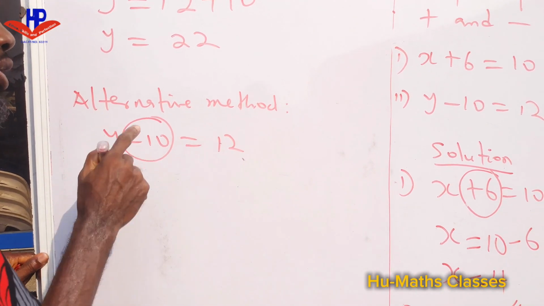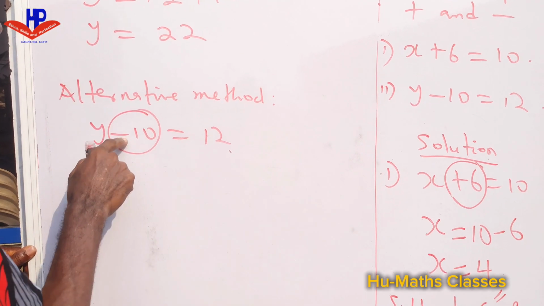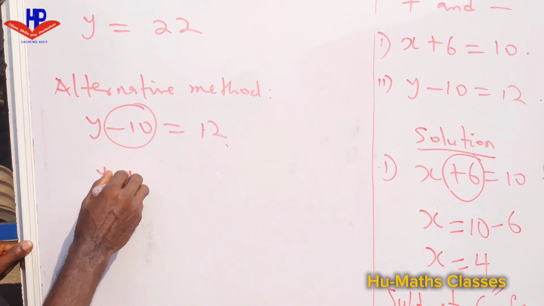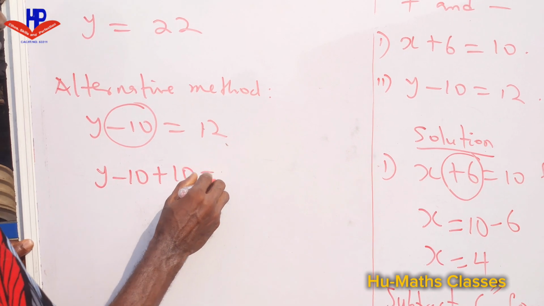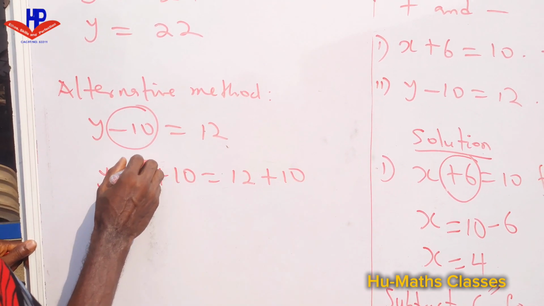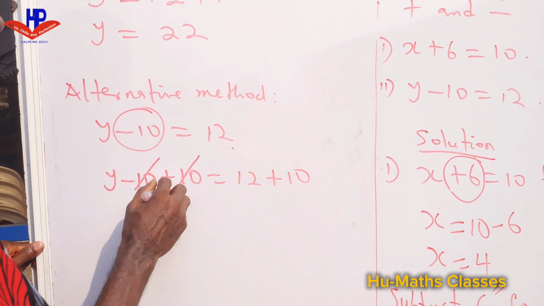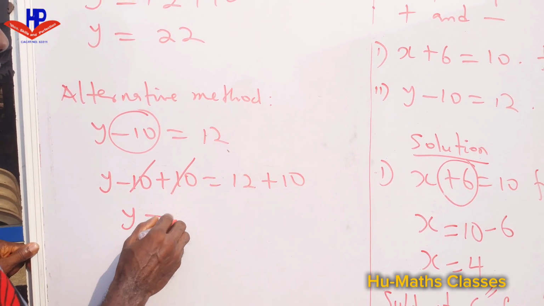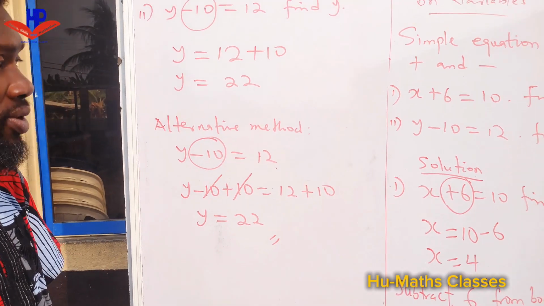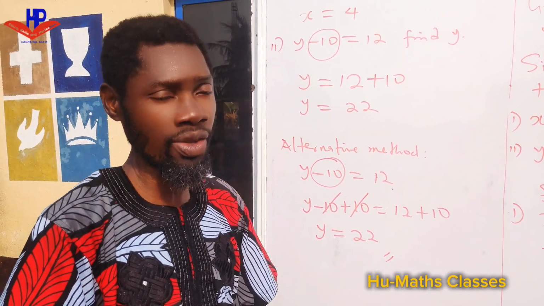The only way for me to do that is to add. Since it's minus 10, I'll be adding 10 to both sides. So I have y minus 10 plus 10 is equal to 12 plus 10. Minus 10 plus 10, you're giving out 10 and you have 10, is 0. So we have y is equal to 22. So our final result is 22. This is how you go about solving simple problems of this type.